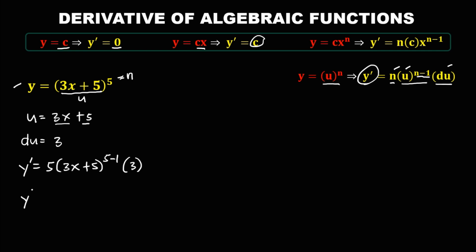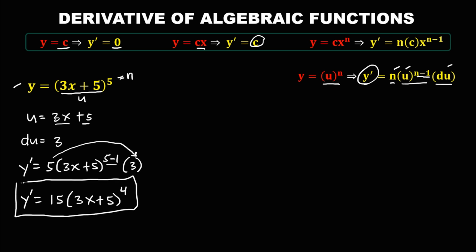Then to simplify, we have y prime equals, multiply this 5 and 3, that's 15, then times 3x plus 5 to the power 5 minus 1, which is 4. So this is now the derivative.